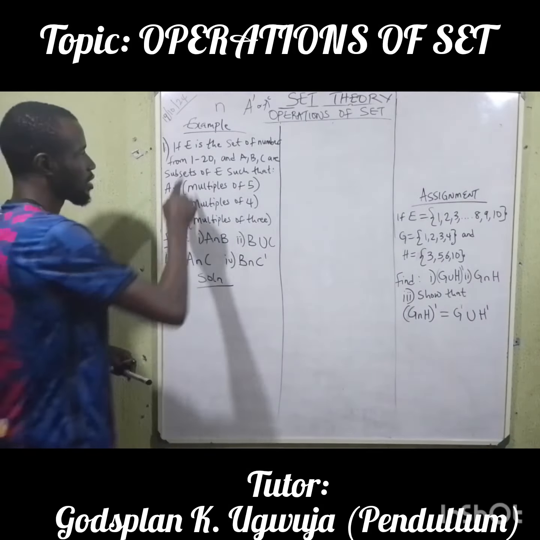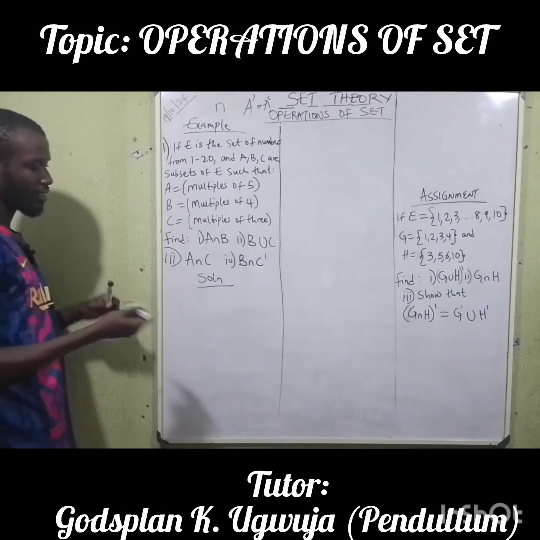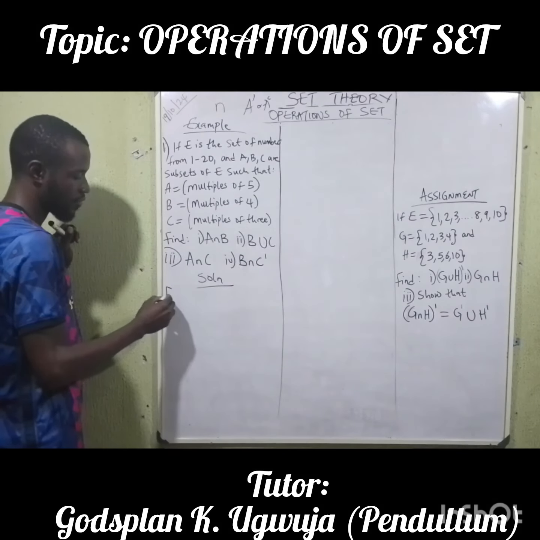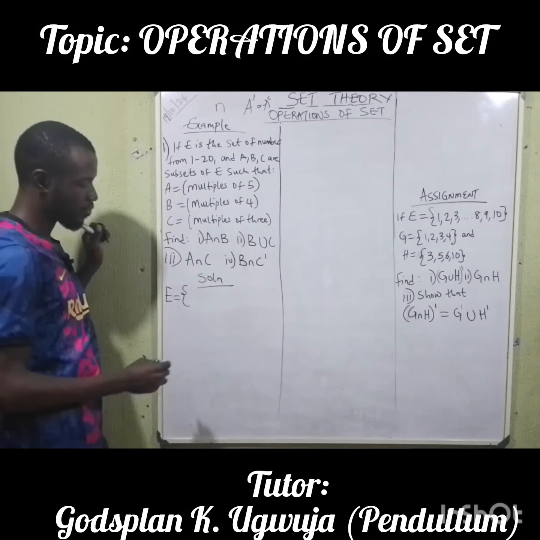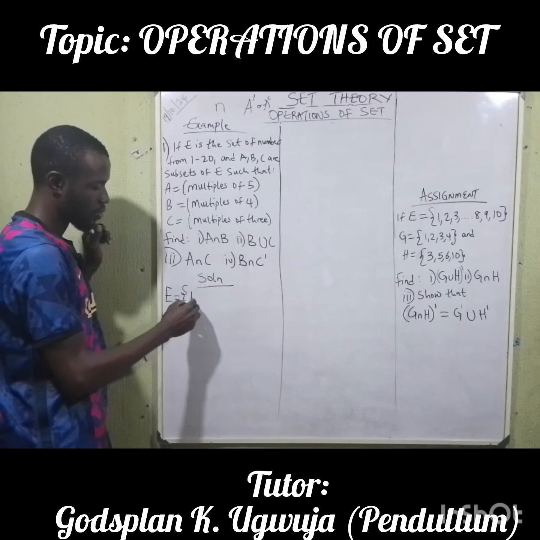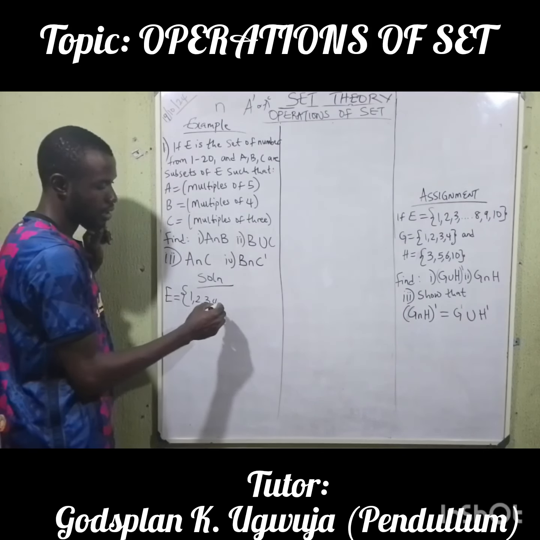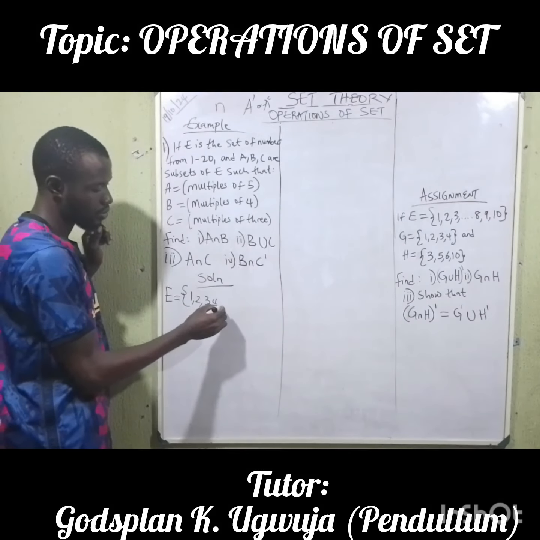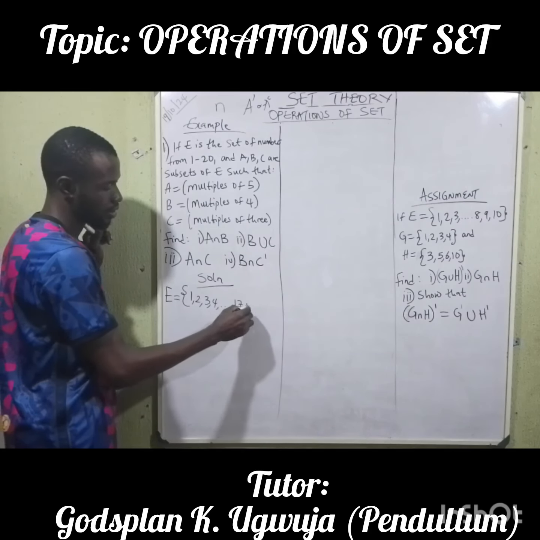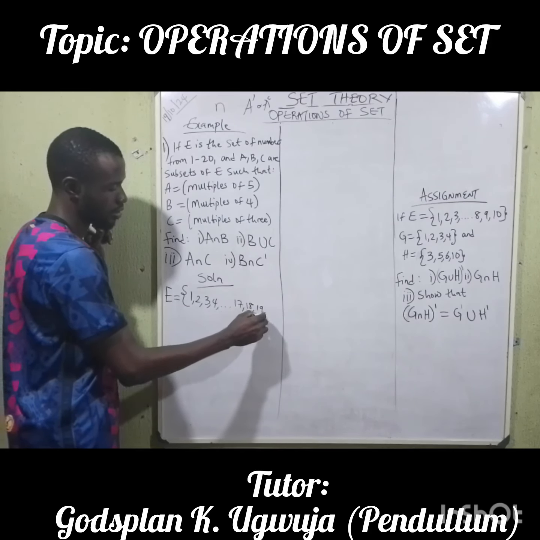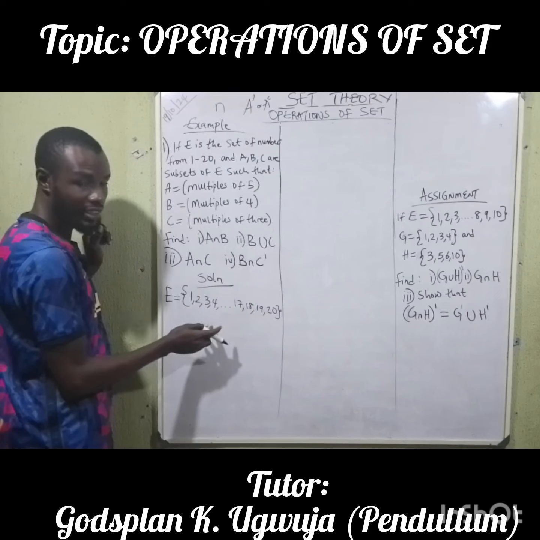Our question says E is the set of numbers from 1 to 20. So E is our universal set, and E contains all the numbers from 1 to 20. So we have 1, 2, 3, 4, and because of space, I'll just do 17, 18, 19, 20.